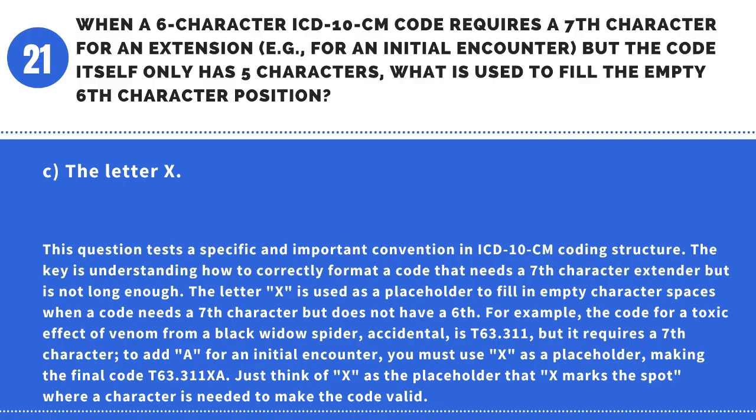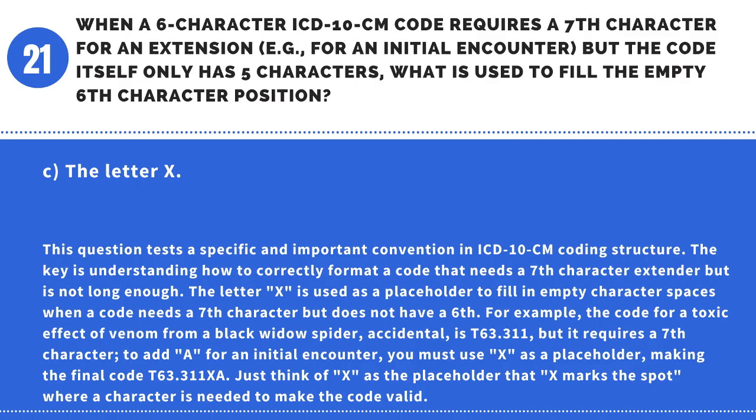For example, the code for a toxic effect of venom from a black widow spider, accidental, is T63.311, but it requires a 7th character. To add A for an initial encounter, you must use X as a placeholder, making the final code T63.311XA. Just think of X as the placeholder that X marks the spot where a character is needed to make the code valid.